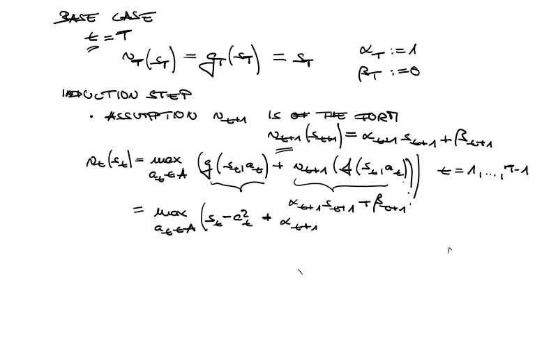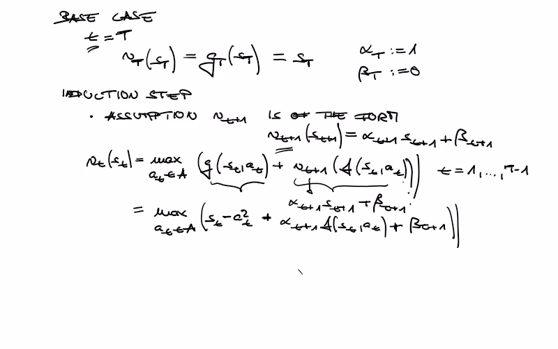Now s t plus 1 is given by f(s_t, a_t), plus beta t plus 1. So what we did now is just that we substituted our reward function, and we substituted our assumption for the value function at t plus 1.